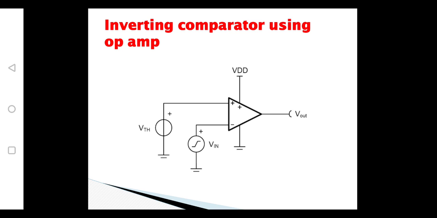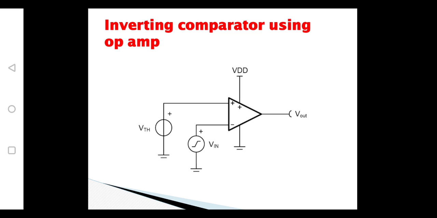So the next application of an op amp is how to use an op amp as a comparator. The name itself indicates it is a circuit used to perform the comparison operation.